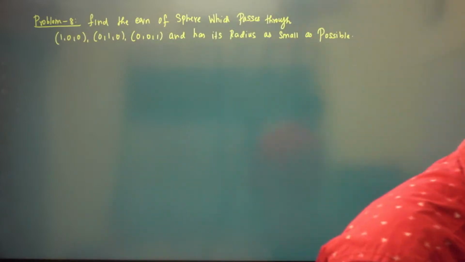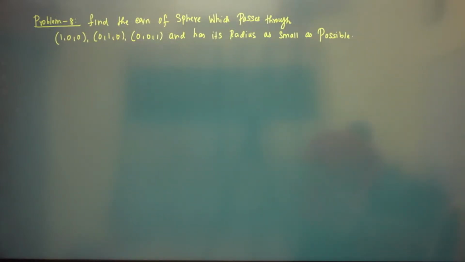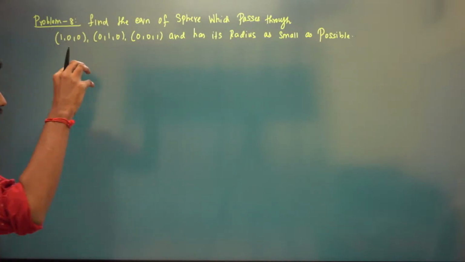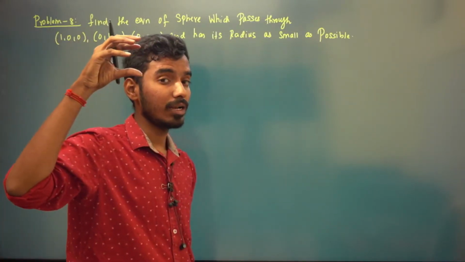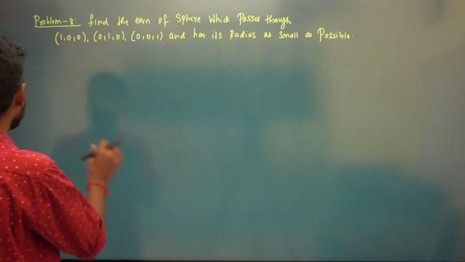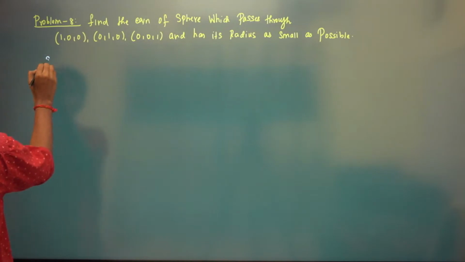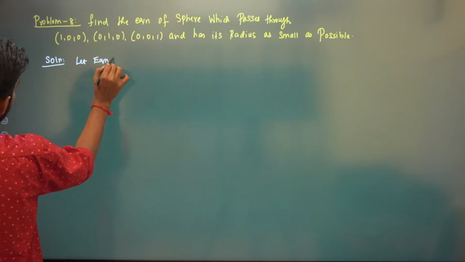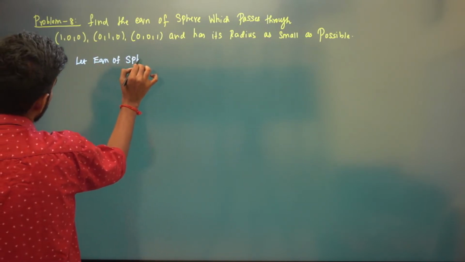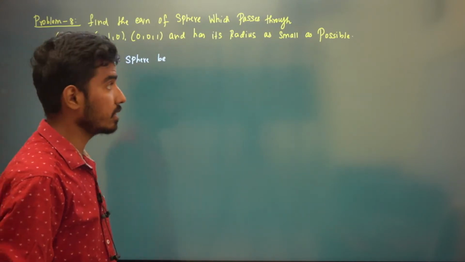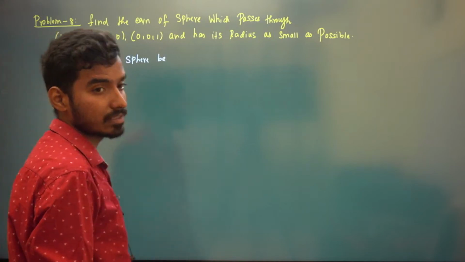So we need to find the equation of a sphere that passes through these 3 points, and the radius is as small as possible. So we need to find the smallest radius sphere that passes through these 3 points, right? Okay. So first, let the equation of the sphere be... I'm going to introduce calculus here because we need to minimize the radius.